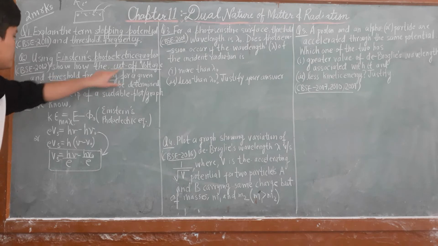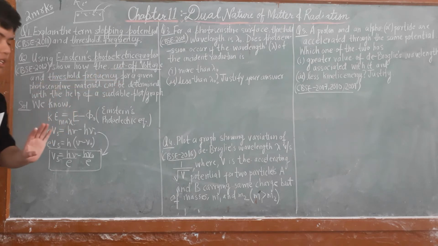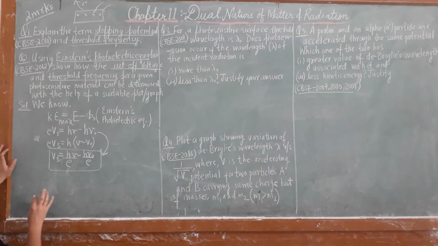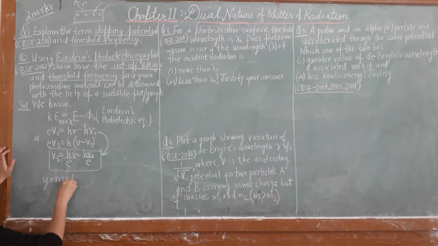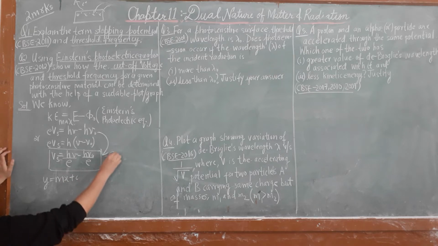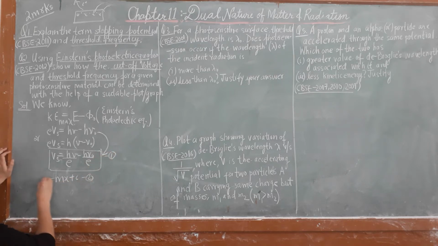Now we know that their relationship is a straight line. Since their relationship is a straight line, we can apply y is equal to mx plus c, that is the equation of a straight line.